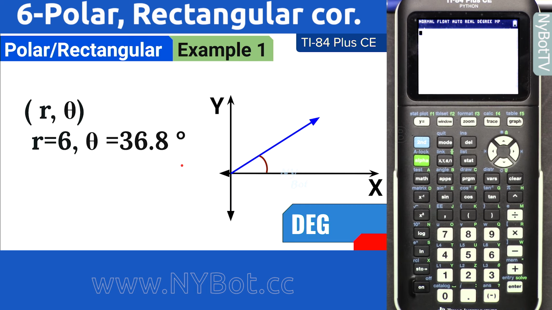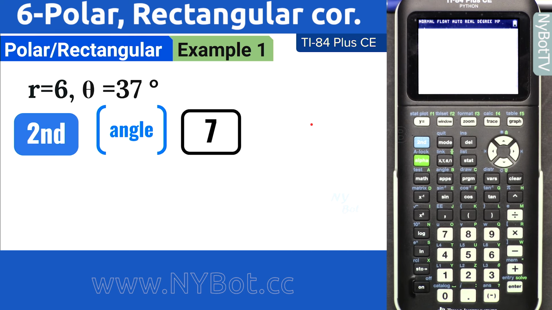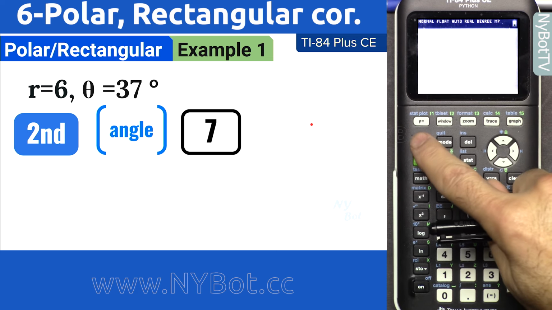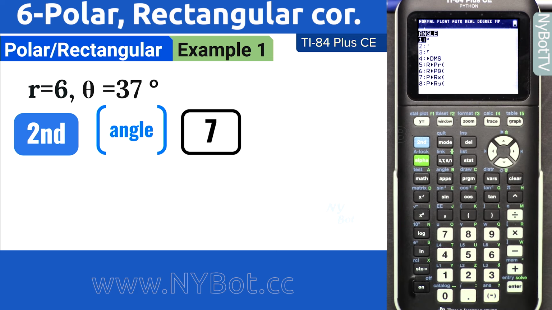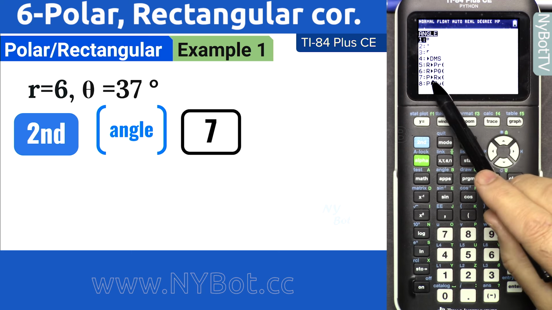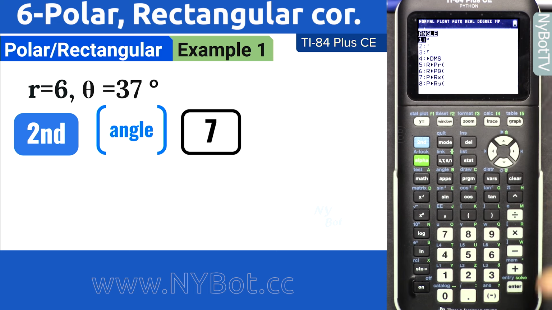Now example 1, we have r and we have theta. We want to convert it to rectangular when we want to find the coordinate of this point, which is x and y. To get started, press second function and then angle, and here we have the value. It is polar when we want rectangular x.